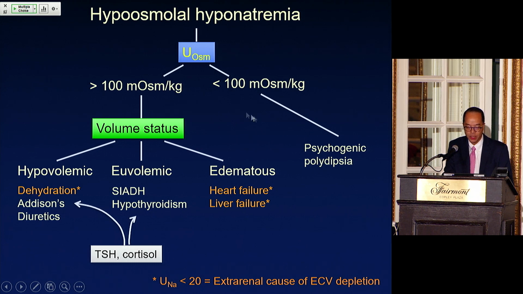So for all other patients whose urine osmolality is greater than 100, they have ADH levels that are too high, driving the hyponatremia.